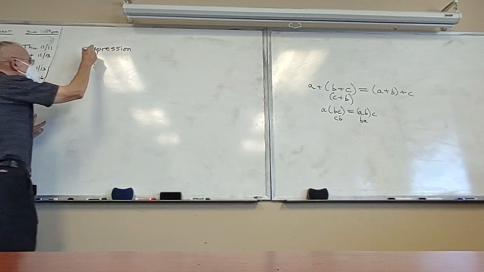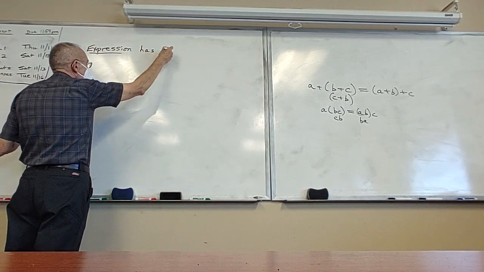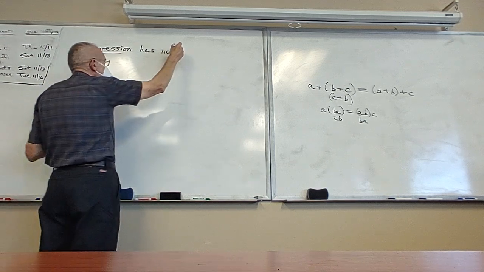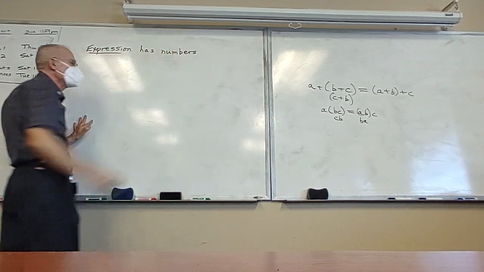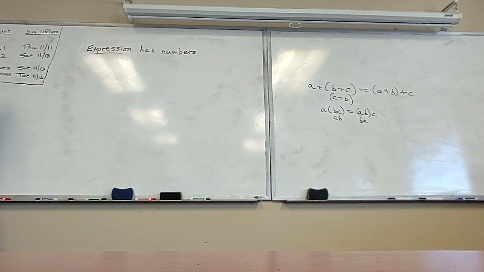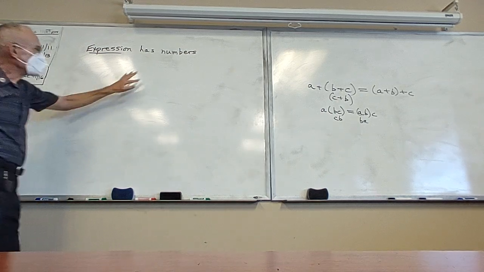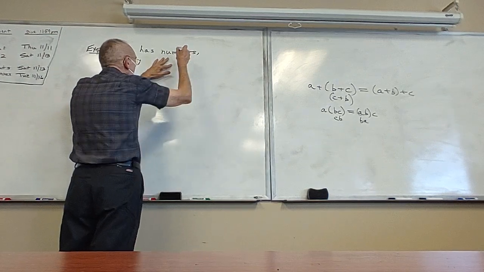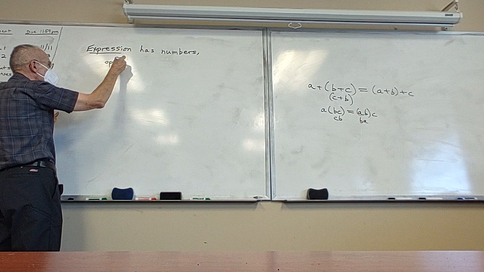An expression has numbers in it, which those numbers can be any of the numbers on the real number line like we have on the board on Tuesday. Rational, irrational, but we never use anything but rational in these expressions. So it has numbers in it, it has operations in it, and we put a list of operations on the board last time that we know now.